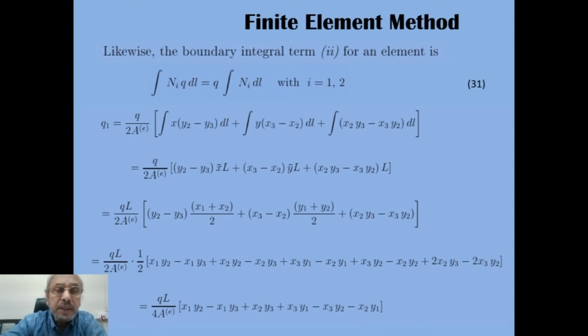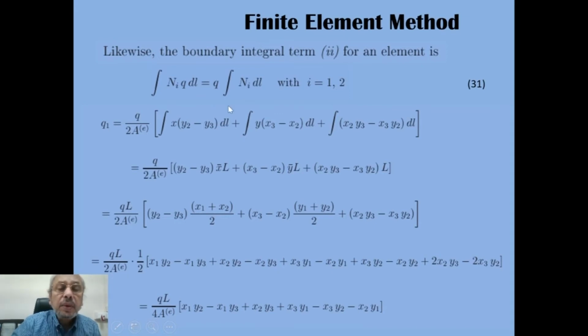So for a triangular element which is falling on the boundary, we will have Ni, which is the shape function at the 2 points of each triangle that fall on the boundary. When we perform the integral of Ni q dl, we can write q integral Ni dl, where i varies between 1 and 2.